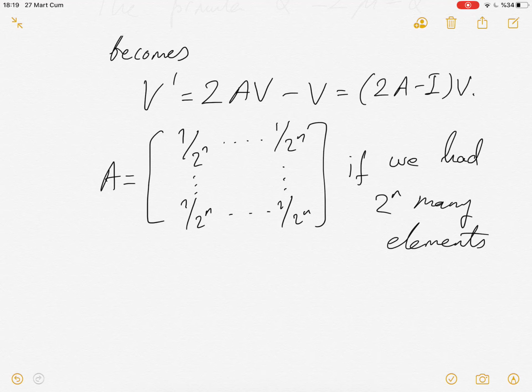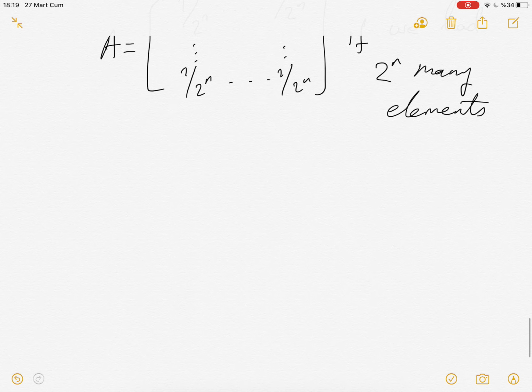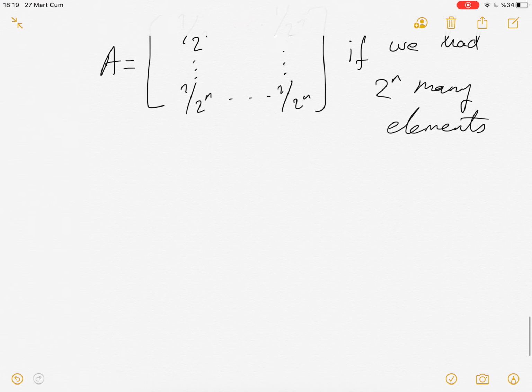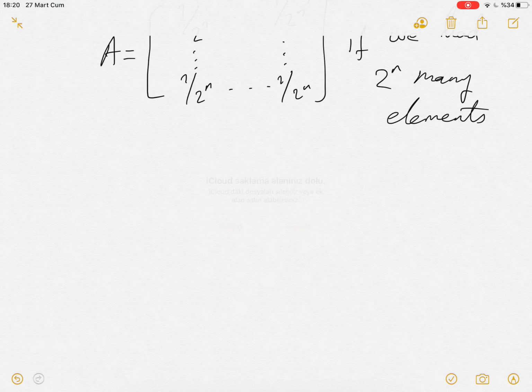What I mean is as follows: if we want to apply an inversion around the general superposition state, which will constitute the inversion around the mean, what we could do is first change the basis to a general superposition state.